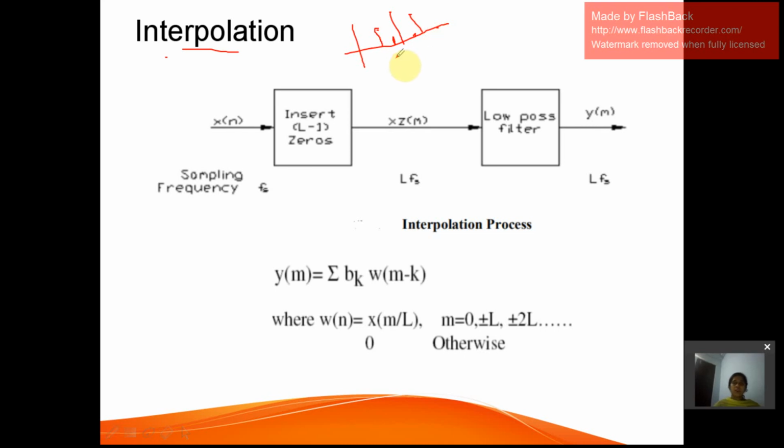In this way you can increase the sampling rate. Depending on the application, whether you have to decrease or increase the sampling rate, it is better to choose the appropriate DSP operation, that is decimation or interpolation.